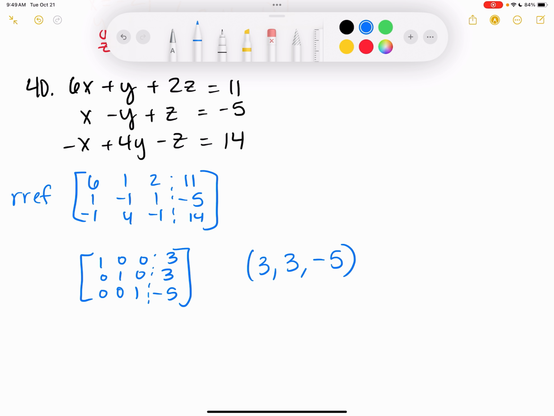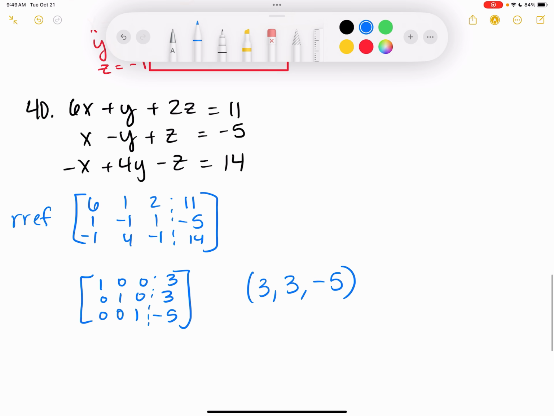Now, this might blow your mind, but 2 equations and 2 unknowns also works the same way.